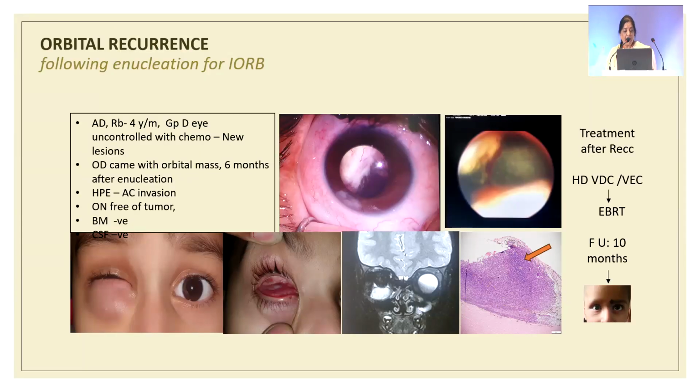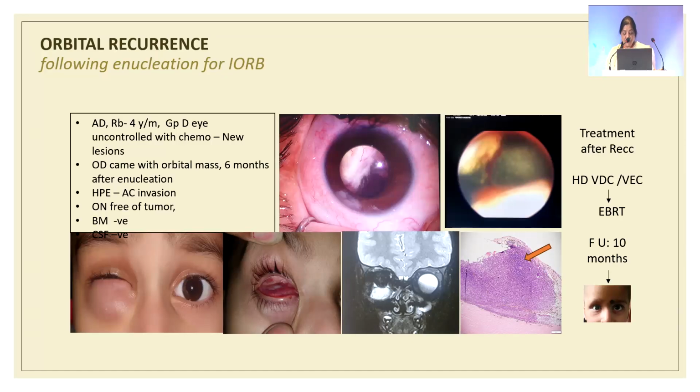So here is a young patient who underwent enucleation, and since the optic nerve was free, on histopathology there was an anterior chamber invasion, as we can see over here on the histopathology slide. But the optic nerve was free and the bone marrow was negative.